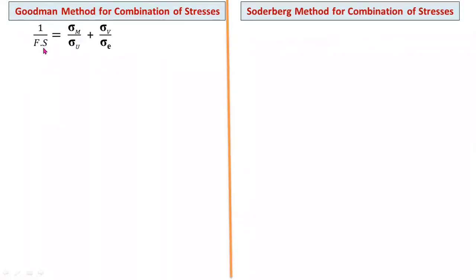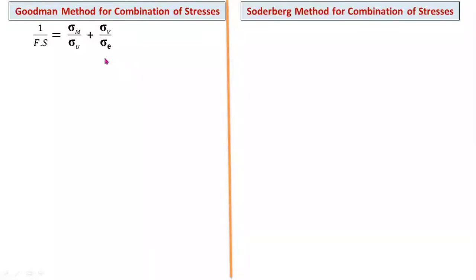Here Fs is the factor of safety, sigma m is the mean stress, sigma u is the ultimate strength or ultimate stress, sigma v is the variable or fluctuating stress, and sigma e is the endurance limit.